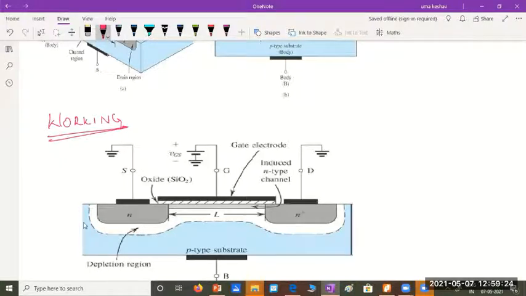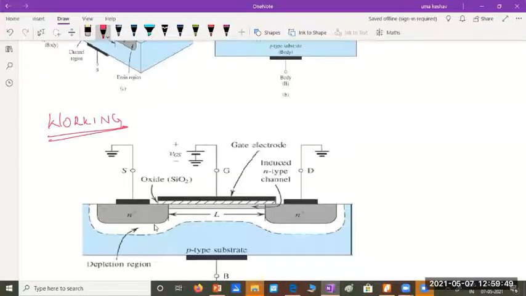So there is a depletion region formed around the source terminal as well as one around the drain terminal, and that depletion region may slightly extend into the gate region. Though we have drawn it looking long here, in practice this distance is very small.